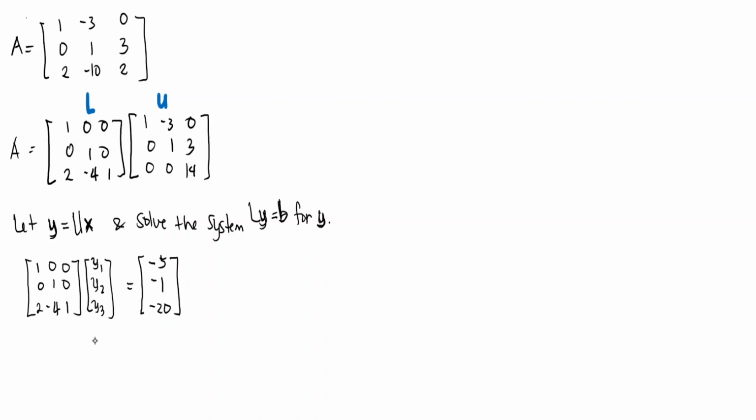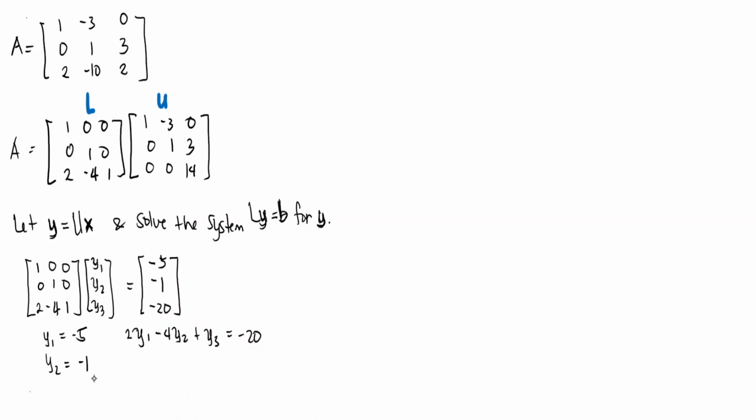So let us continue. From here, we solve for y by forward substitution. So we make the system of linear equations from here. We have y sub 1 equals negative 5, and y sub 2 equals negative 1. And then the last, we have 2 y sub 1 minus 4 y sub 2 plus y sub 3 equals negative 20.